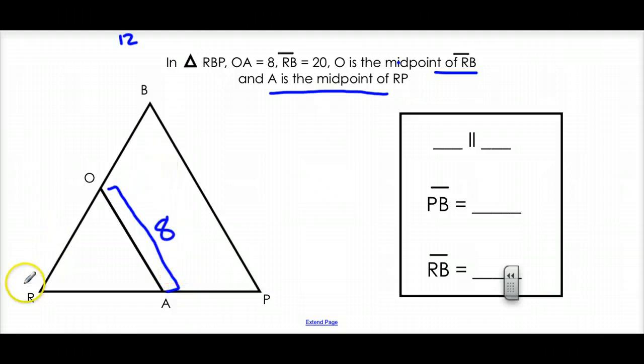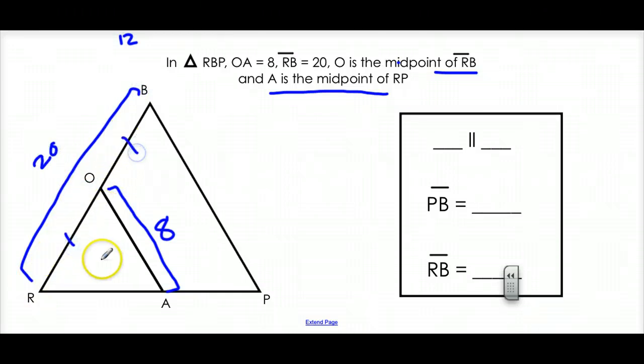RB, which is right here, is equal to 20. We know O is the midpoint of RB, so we can mark these congruent, RO and OB. And we know A is the midpoint of RP, so I know that RA is congruent to AP, because A is the midpoint.